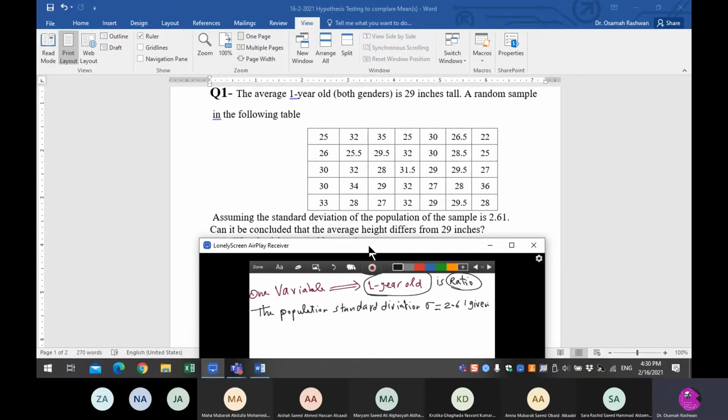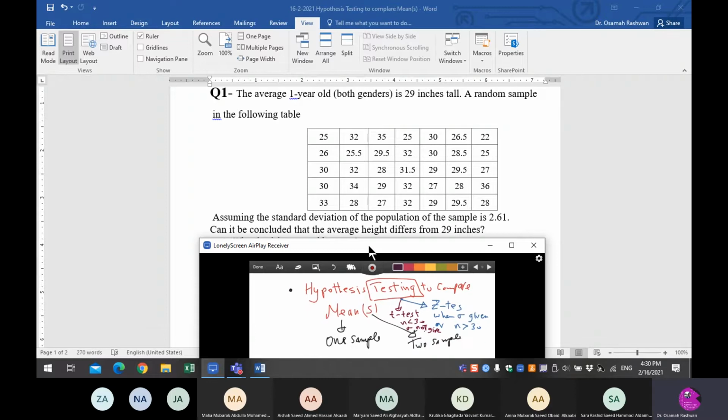So up to this one, what am I going to use? Z test.